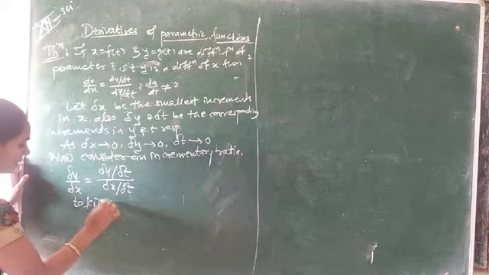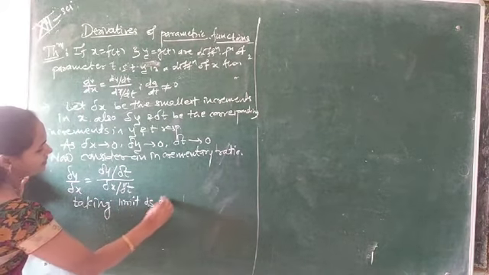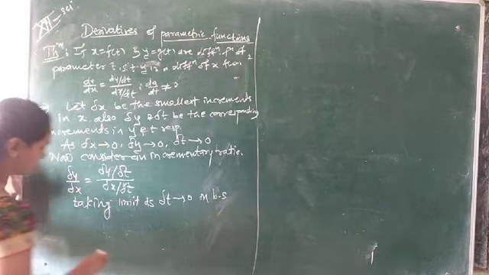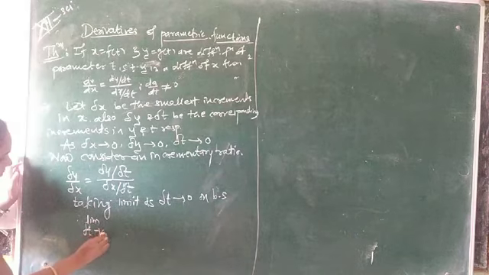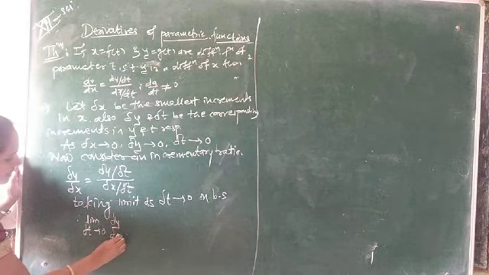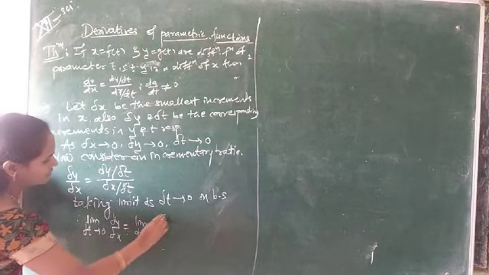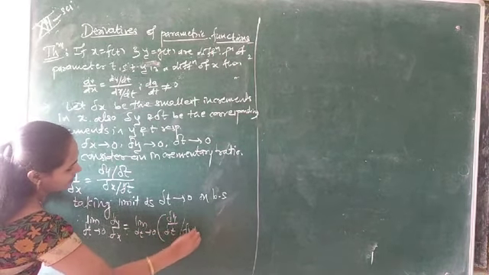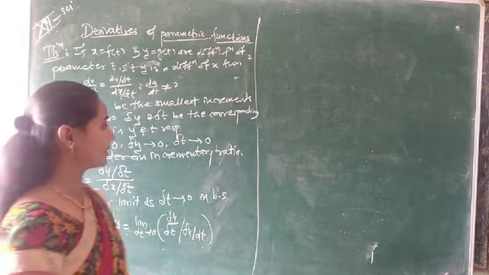So taking limit as delta t tends to 0 on both sides, therefore, limit delta t tends to 0, delta y upon delta x is equal to limit delta t tends to 0, delta y upon delta t divided by delta x upon delta t. So now separate the limits.